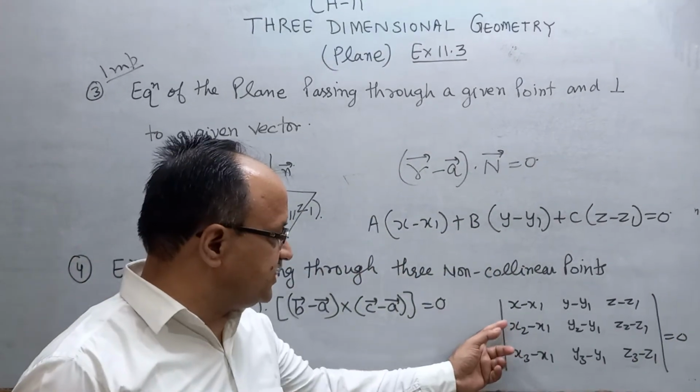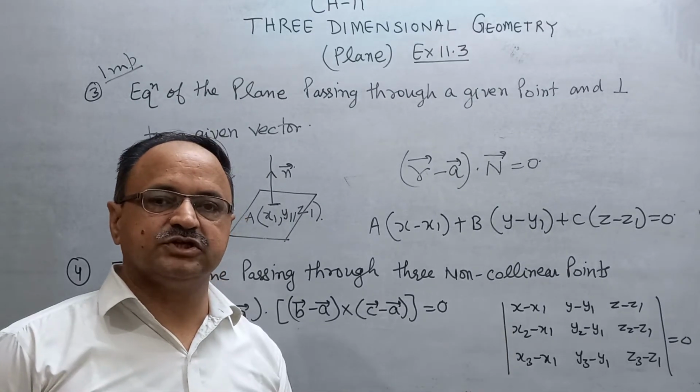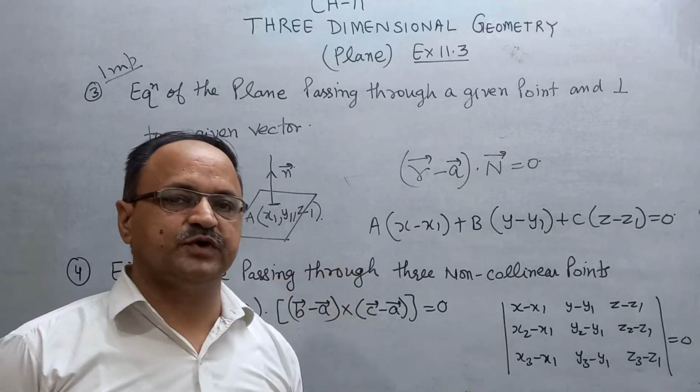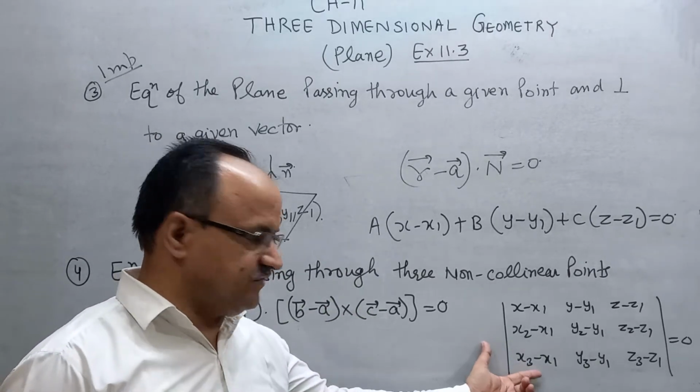This is the Cartesian form of the equation of the plane passing through 3 non-collinear points. Mostly we use this concept because this is very easy.